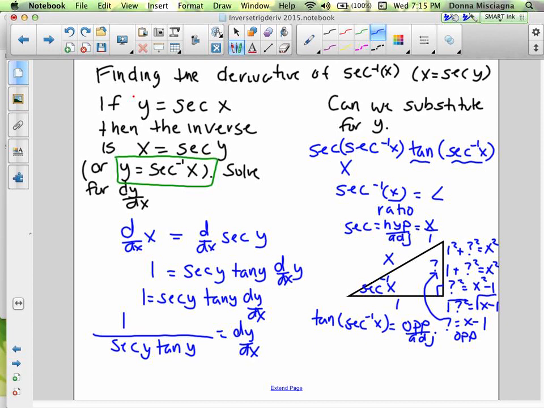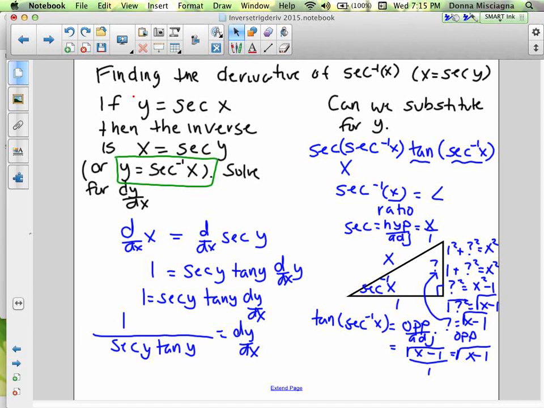The opposite side there is the square root of x minus 1. Oops, we left off the little square root sign. And the adjacent is 1. So that's just the square root of x minus 1. And guess what?